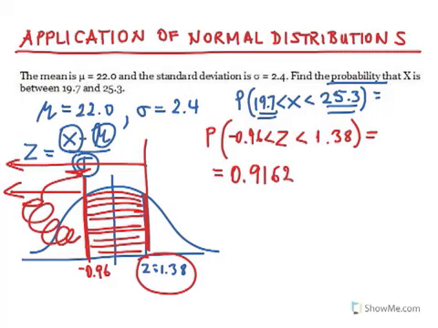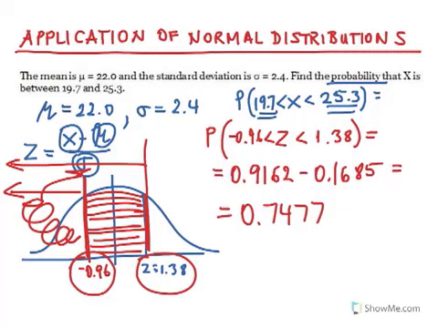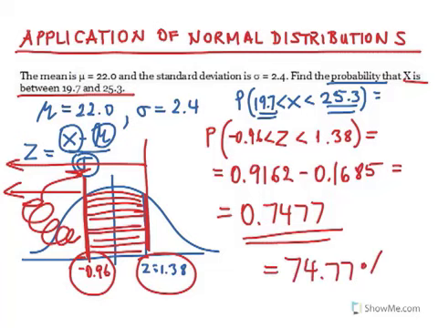You're going to find this in the table, minus the probability associated with the smaller area, z equals minus 0.96, and that's going to be 0.1685, and the probability will be 0.7477. So the probability that x is in between two values, 19.7 and 25.3, when the mean is 22 and the standard deviation is 2.4, is 0.7477, or in percentage, that's going to be 74.77%.